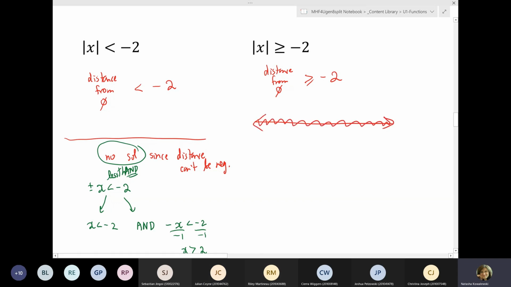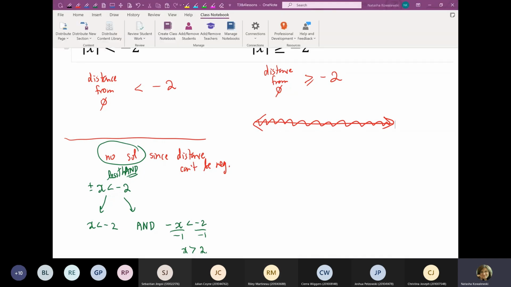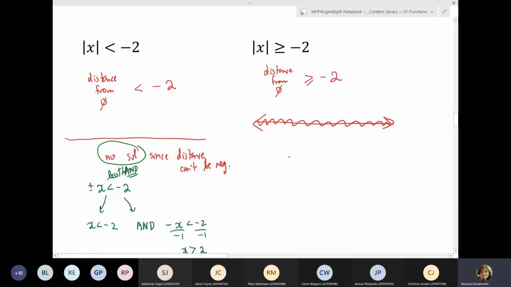Okay, so if you don't believe me, if that was too hard to comprehend, do it with algebra. Same idea as before. You'd say, okay, plus or minus, drop the absolute value, keep everything else the same, split it up. What would be the word I would put in between? An or, because this is a greater symbol, greater or more is or, whatever you prefer.